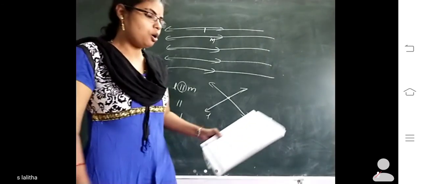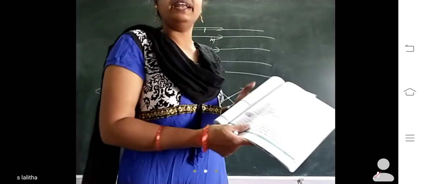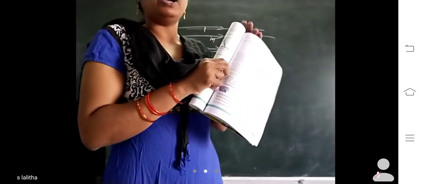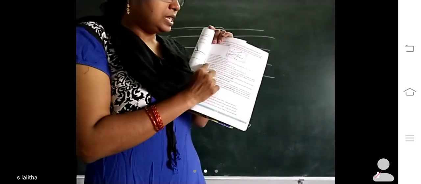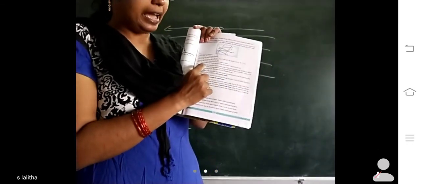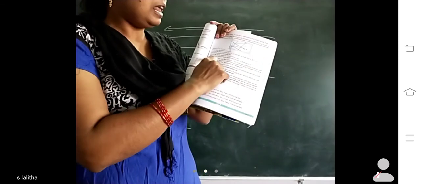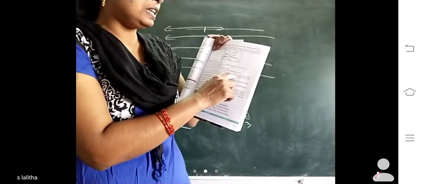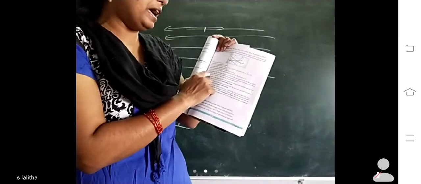Now open your textbook, page number 115. Put the heading Parallel lines. The lines that never meet even if they are extended any further are called parallel lines.